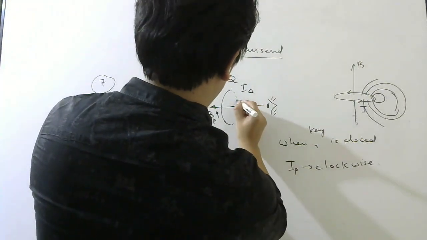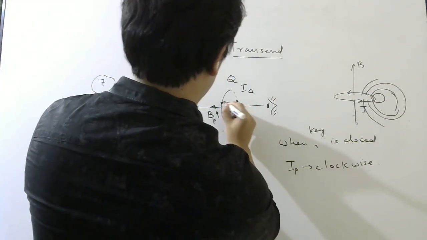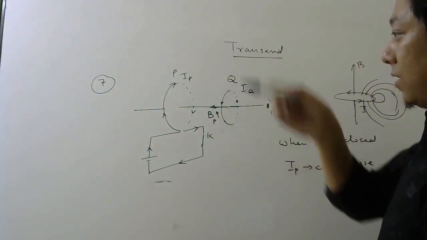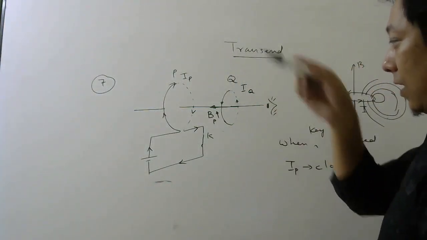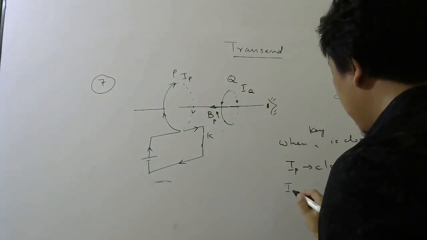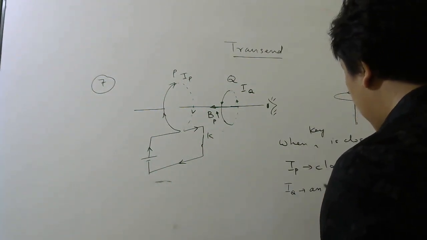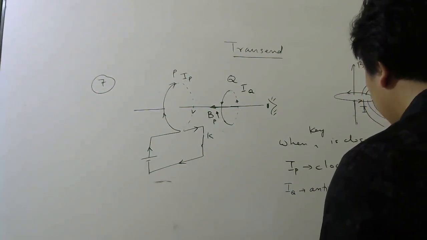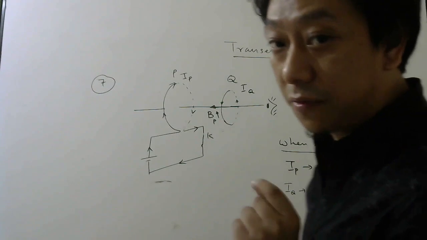So this is your induced current. Is it clockwise or anti-clockwise? Check quickly, it is anti-clockwise. So IQ will be anti-clockwise just after the key is closed.